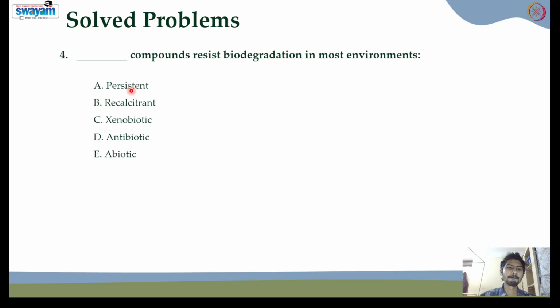Your answers are: which compound resists the biodegradation in most environments?